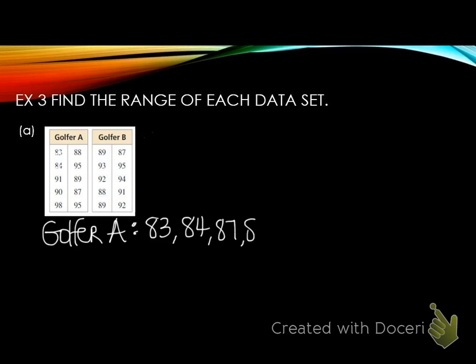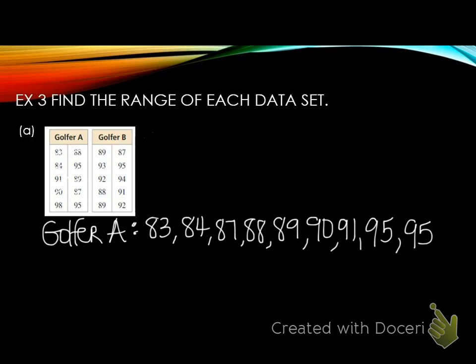We got 87, and then 88, 89, 90, 91. How many times do we have 95? Two 95s, and 98. Now always double check. The table had 10 numbers, and we still have 10 numbers.